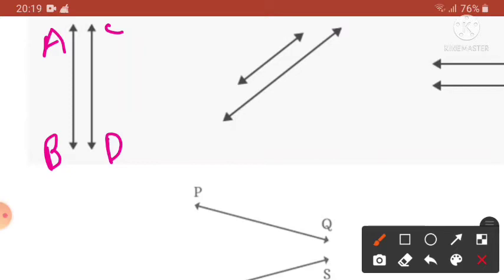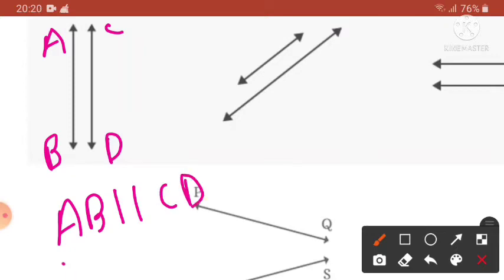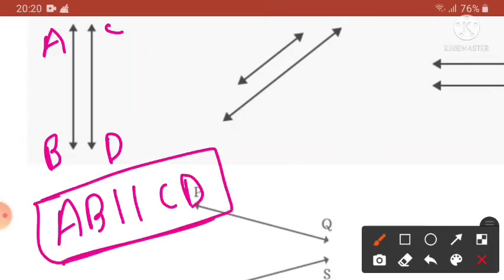So AB and CD here are the parallel lines. We represent this as AB parallel to CD, and as AB is a straight line, we can mention the symbol here.